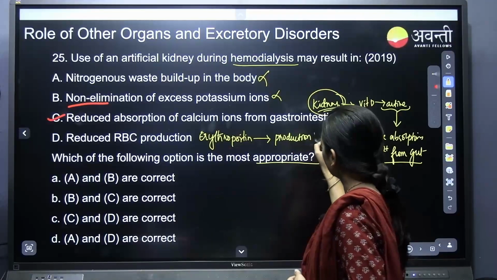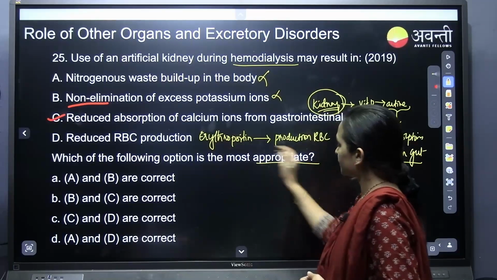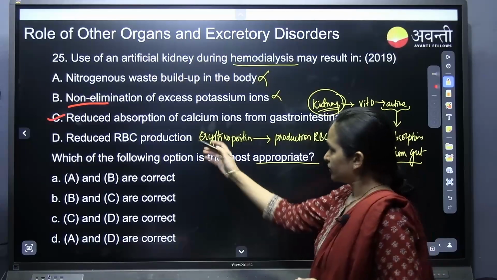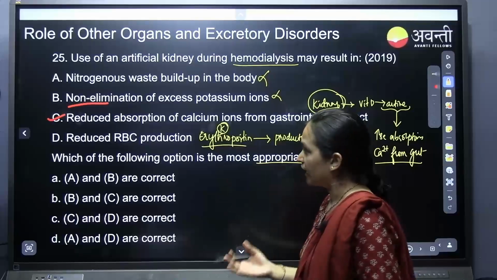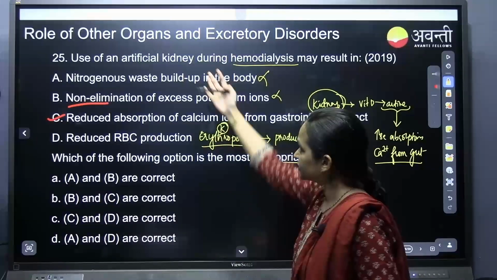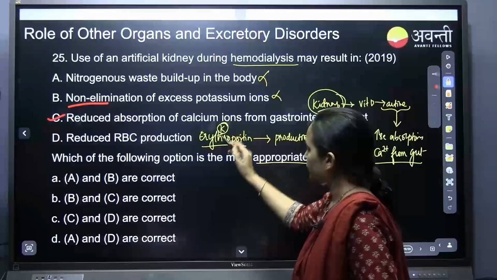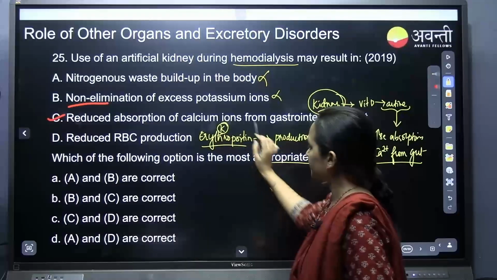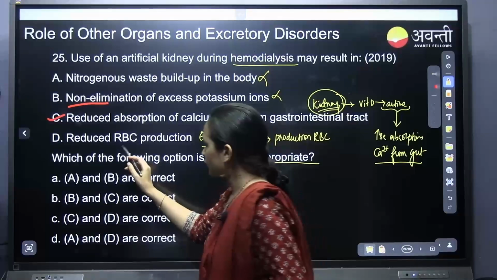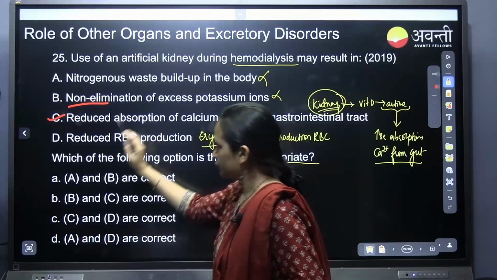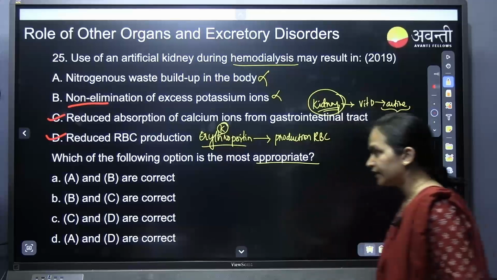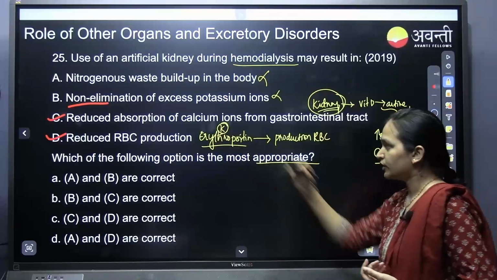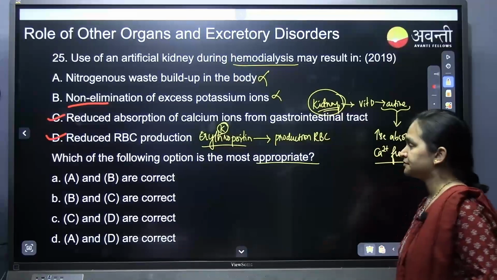So the kidney secretes erythropoietin normally. Will the artificial kidney, that is the hemodialysis machine, secrete erythropoietin? No, it is not going to secrete erythropoietin, which means reduced RBC production. This is also true because there is no erythropoietin being secreted.